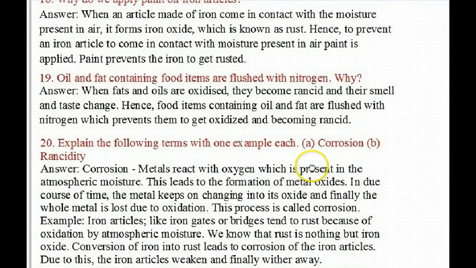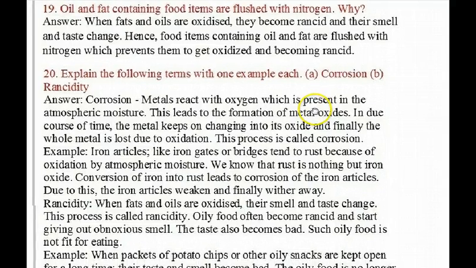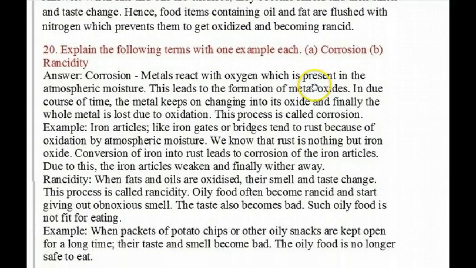The last question, of course, is a repeat of the first one, the 19th or the previous question, as we find corrosion. Metals react with oxygen which is present in the atmospheric moisture. This leads to the formation of metal oxides of the metals. In due course of time, the metal keeps on changing into its oxide, and finally the whole metal is lost due to oxidation.